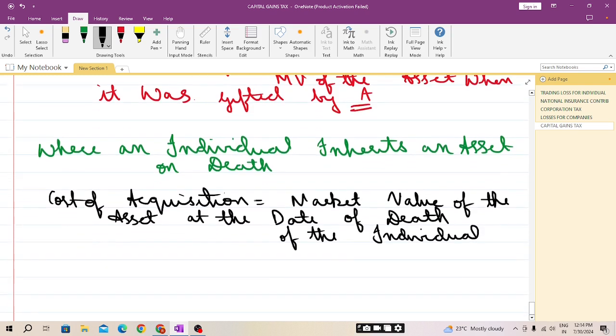So it will be known as probate value. All this data will be provided, students. We only need to follow the approach.